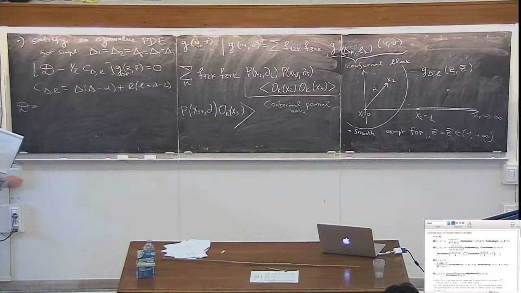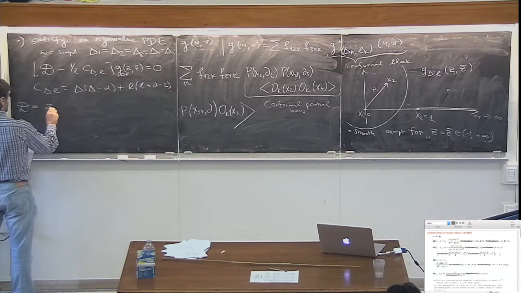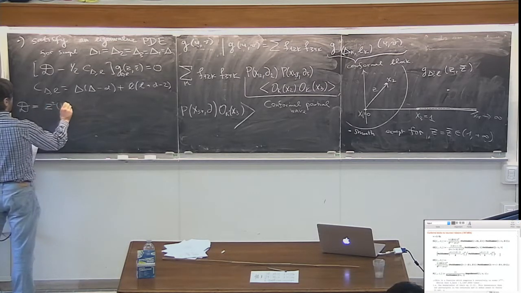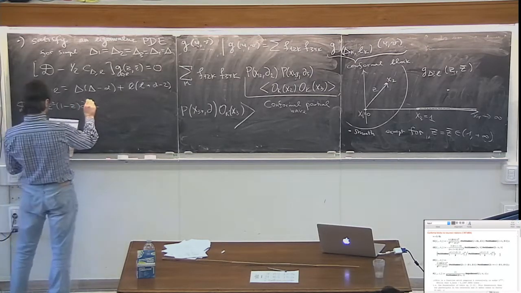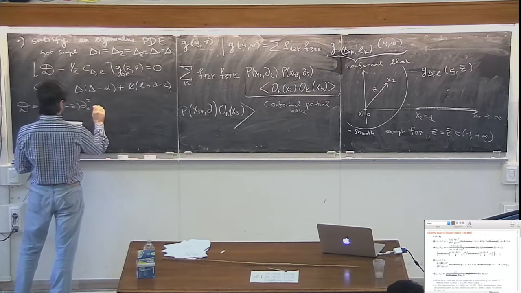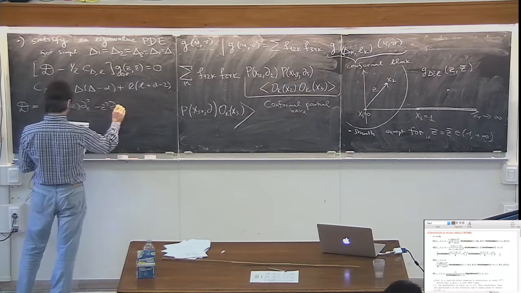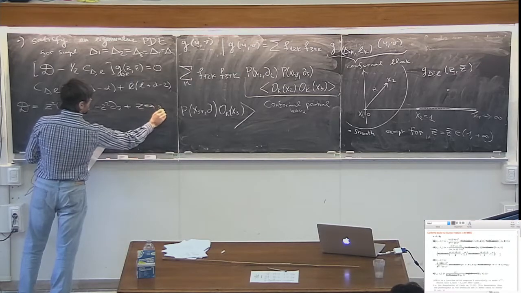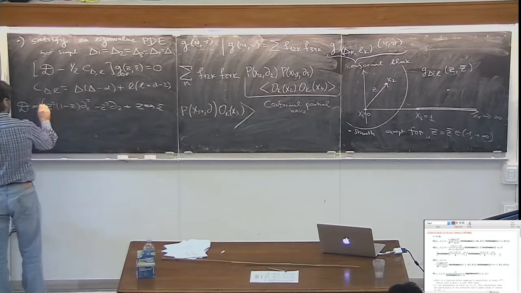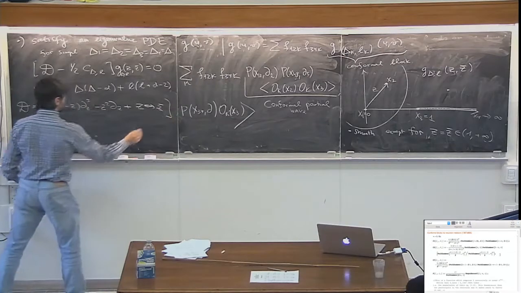D is a second order operator: z squared (1 minus z) ∂_z squared minus z squared ∂_z, plus z going to z bar. So it's a symmetric piece.